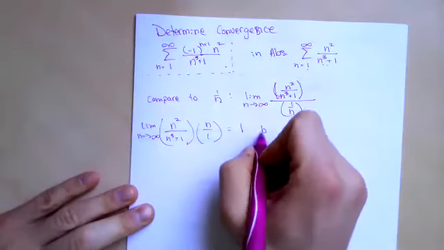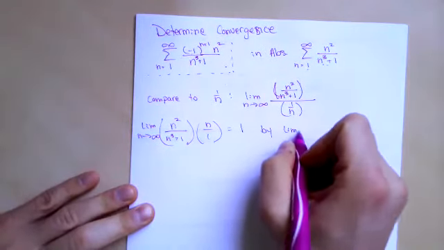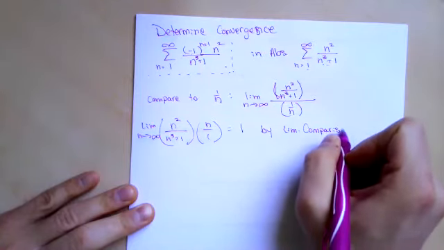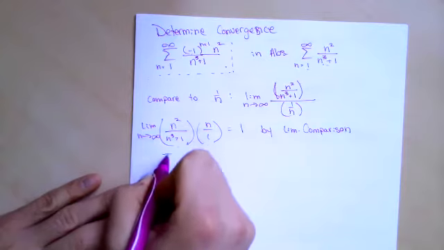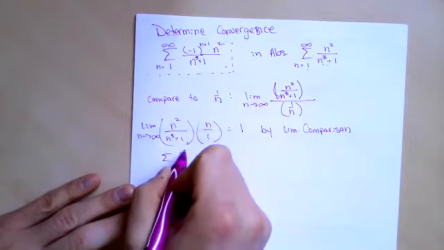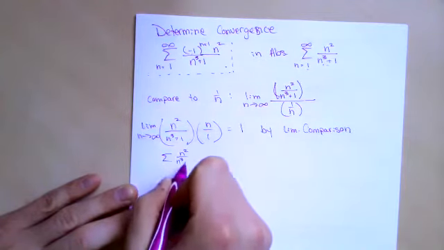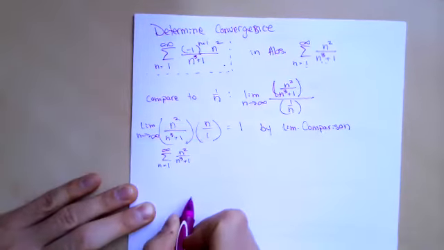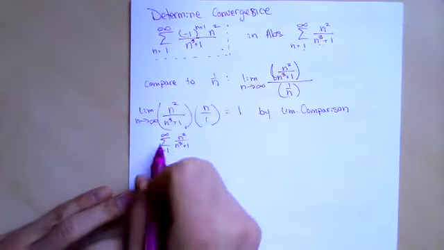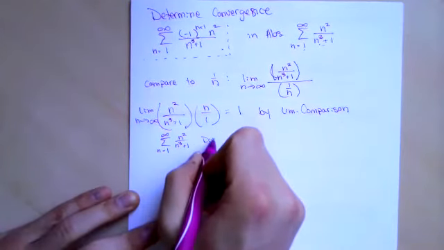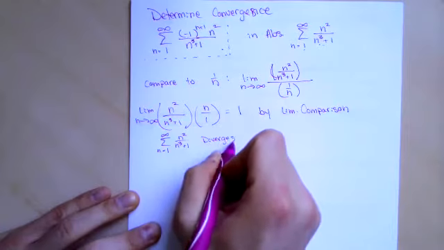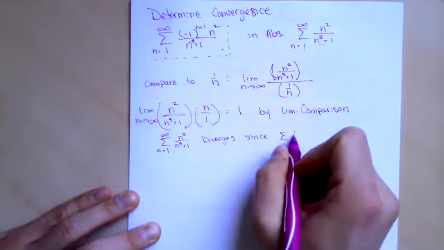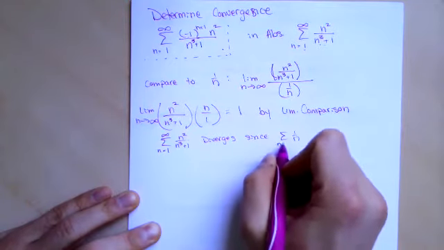So by limit comparison, we know that this sequence, n squared over n cubed plus 1, diverges since 1 over n diverges.